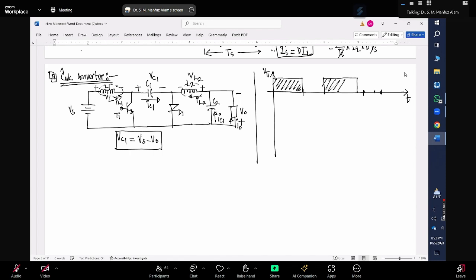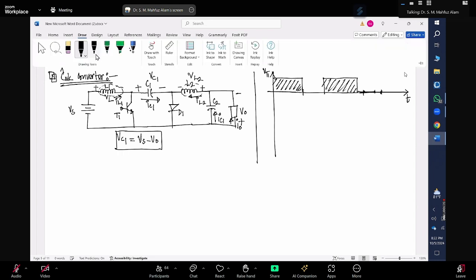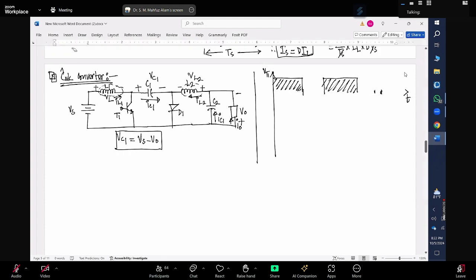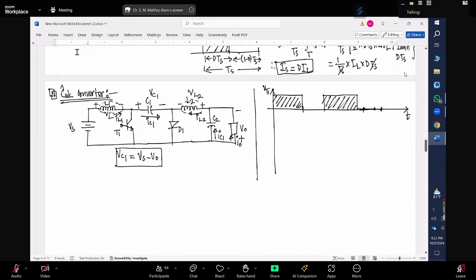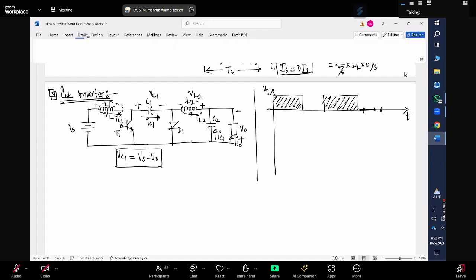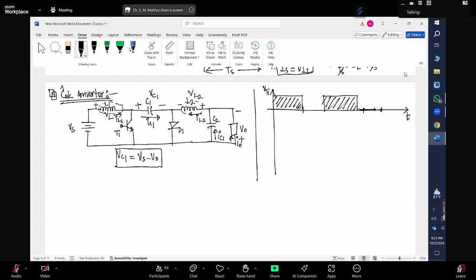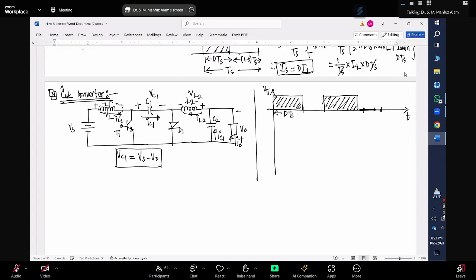This time it will be turned on again, and here it will be turned off. Now this is my D multiplied by Ts, and this should be my 1 minus D multiplied by Ts. Okay, this time period.